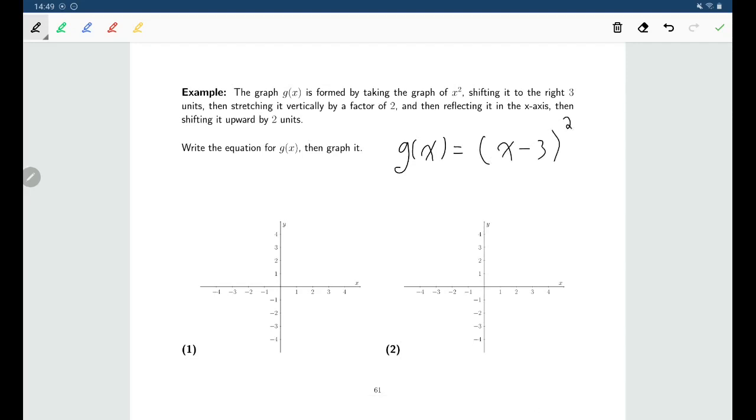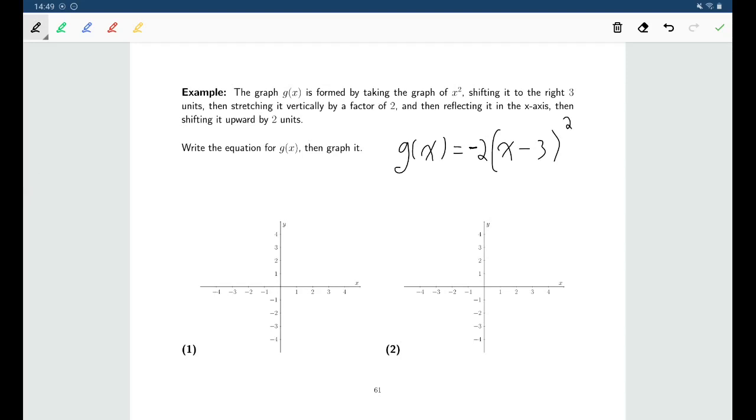That would be a parabola shifted to the right by 3. But of course, if we also want to stretch it by a factor of 2, then this function needs to be multiplied by 2. And if it also wants to be reflected in the x-axis, then really not just 2, but rather negative 2. That will do the stretching vertically and the reflecting.